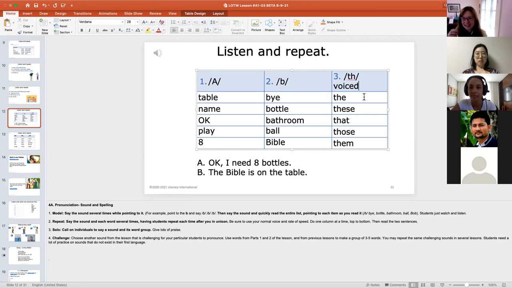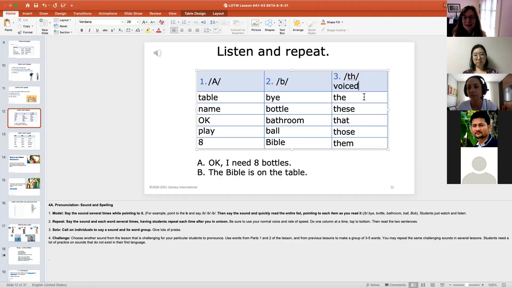You can also do things like holding a sheet of paper in front, so they can see the paper move and notice that the breath is coming, but also their throat is vibrating when they do that.